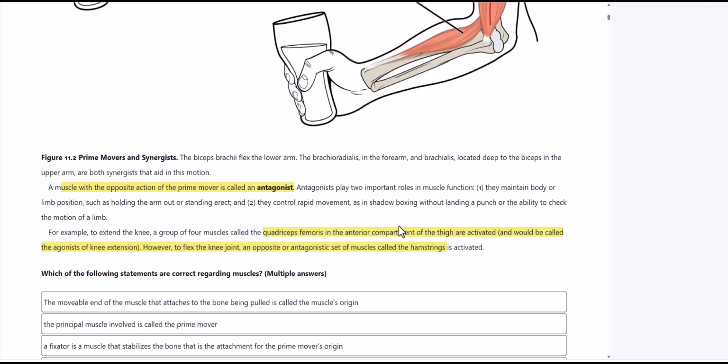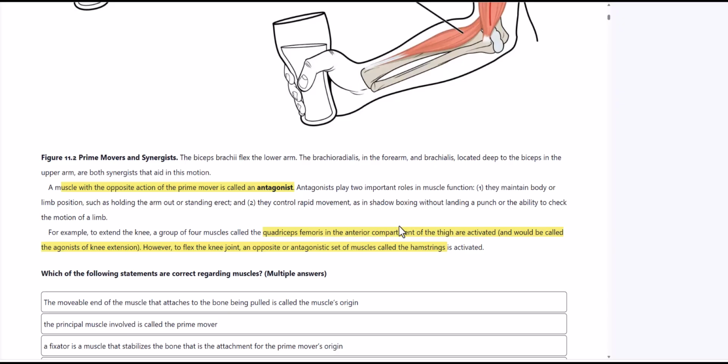You also learned in lab, for example, about the extensor muscles of the wrist, the wrist extensors and the wrist flexors. Those are also opposing muscle groups. In lab, you also learned about the sternocleidomastoid and the splenius capitis. The sternocleidomastoid lets you flex your neck. The splenius capitis allows you to hyperextend your neck. Again, those are opposing muscles.